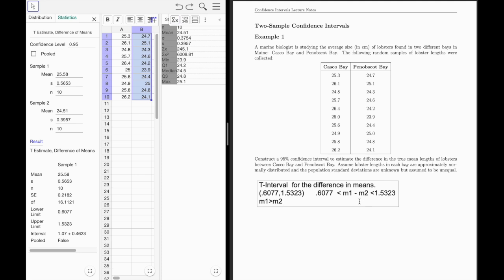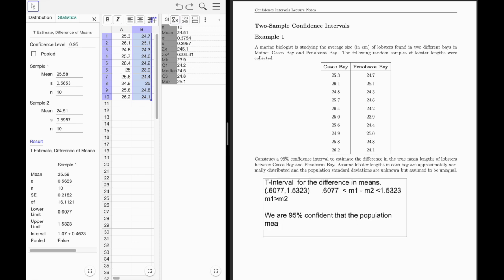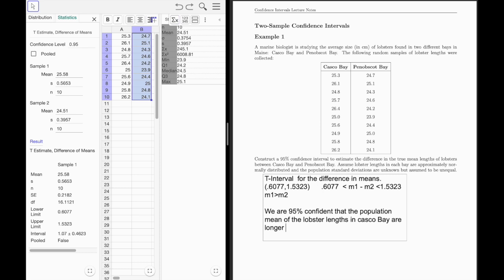So our conclusion would be we are 95% confident that the population mean of the lobster lengths in Casco Bay is longer than the lobster lengths in Penobscot Bay.